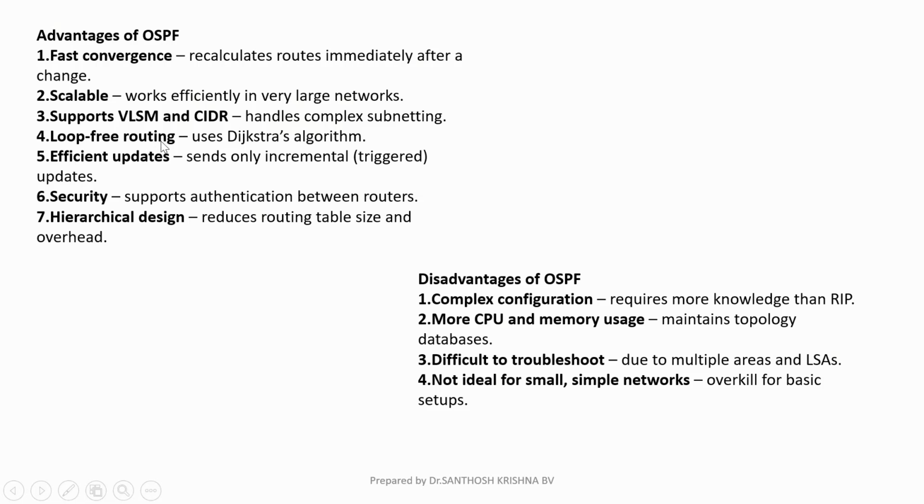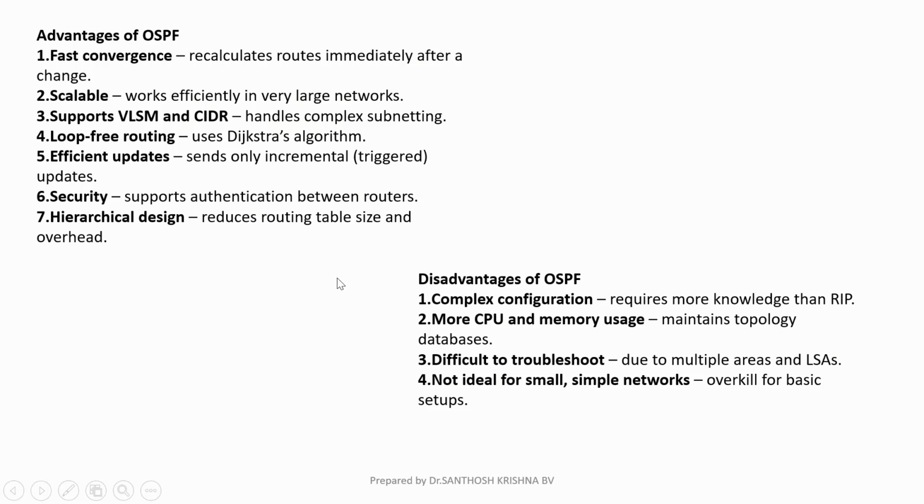And it is loop free routing, which is very important, because it uses the Dijkstra algorithm to find the shortest path, and it gives efficient updates. As I told, it is not periodic updates, it is triggered updates, which means only when there is a change will it give us an update. And for security, as we said, we use MD5 or sometimes plain text for authentication. And the design is completely hierarchical.